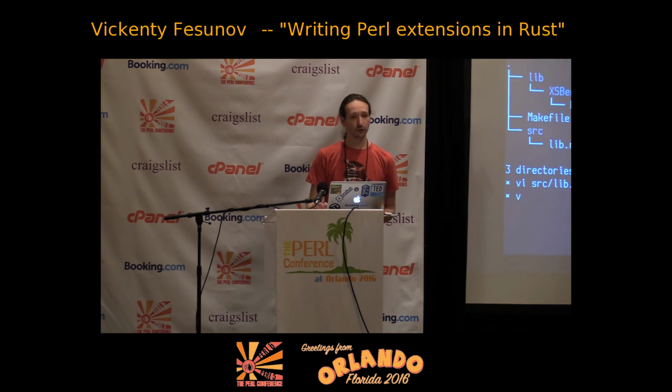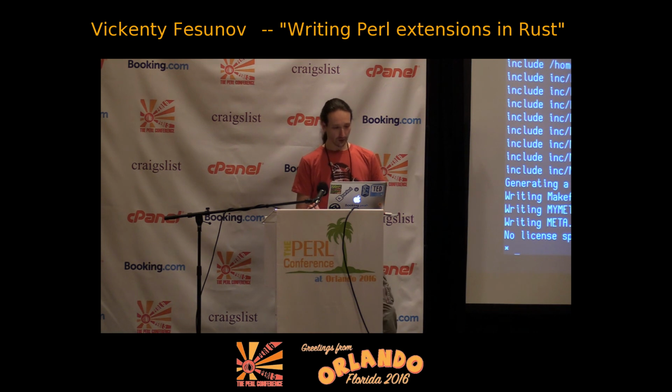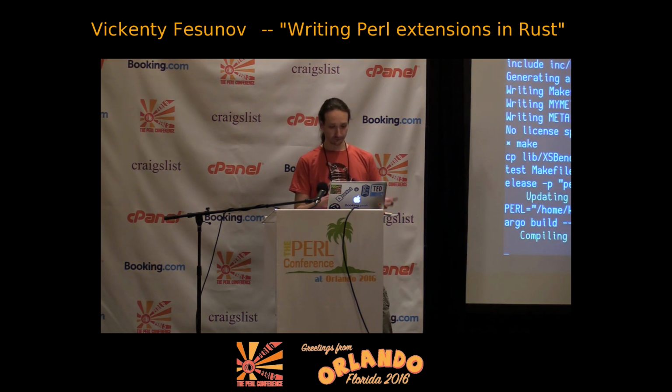Makefile.PL uses Module::Install, which I made a plugin for to build actual Rust code. So we can just say perl Makefile.PL, and then make, and follow the same path. It downloads and builds some stuff.